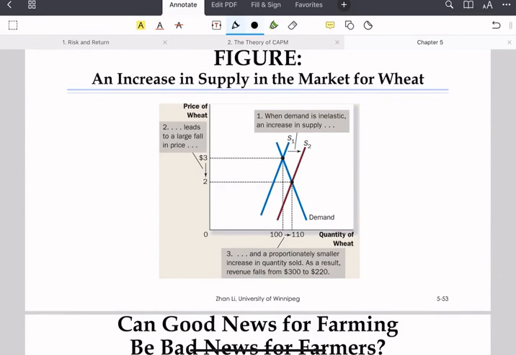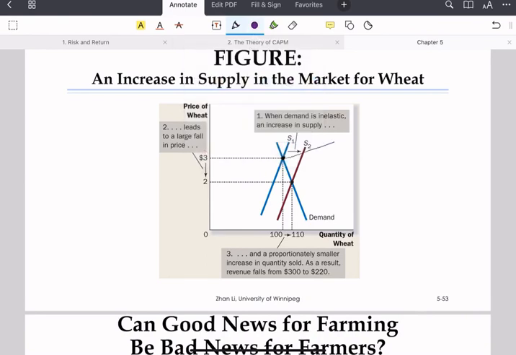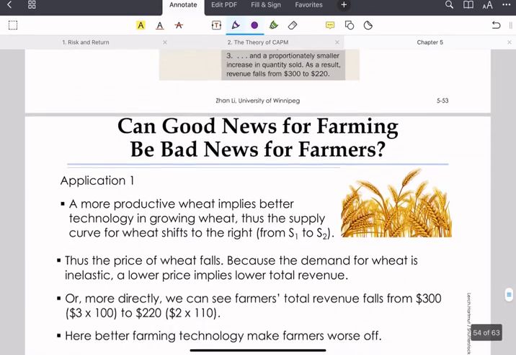You can see that you have a pair of price and quantity. At this original equilibrium, total revenue is 3 times 100, 300. And here, total revenue becomes 220.